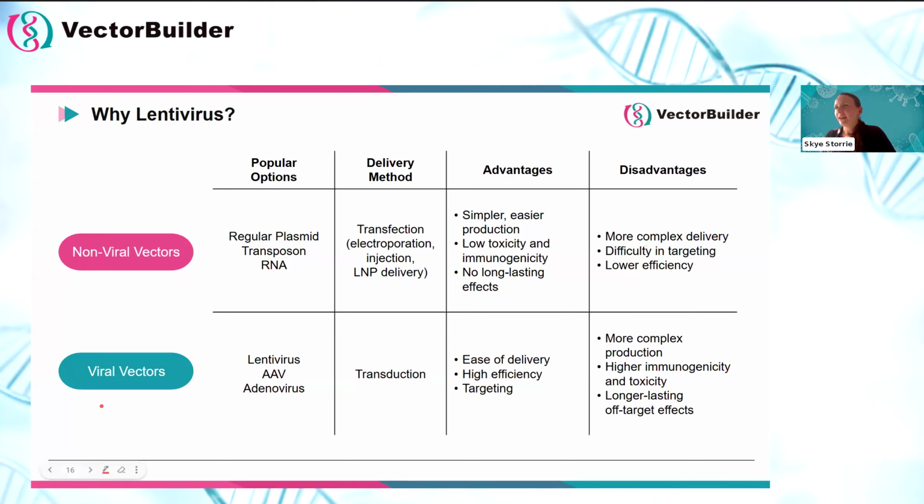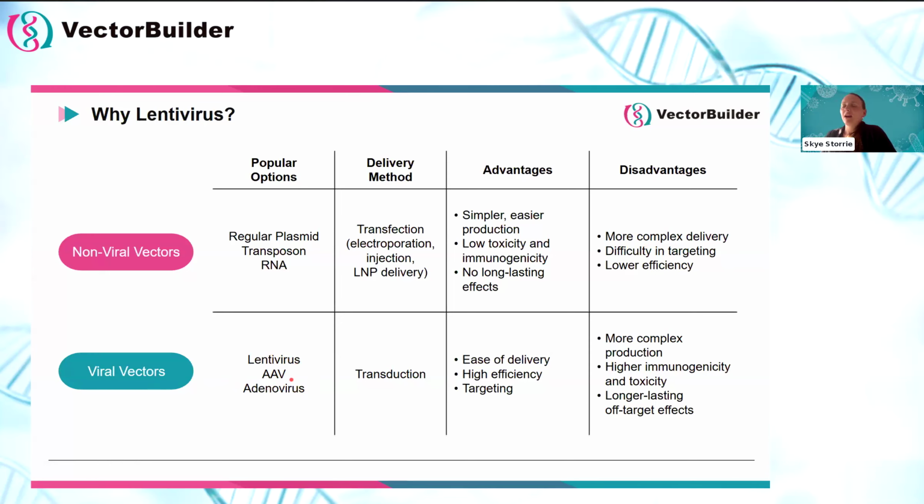If we look at our viral vectors, some common ones that are used are, of course, lentivirus, as well as AAV and adenovirus. The main advantages of this is that you're utilizing this natural system and you can sort of harness the infectivity of the virus, so it's a bit easier to deliver.